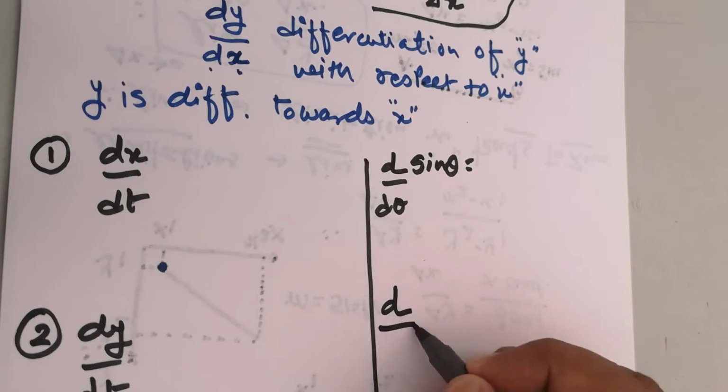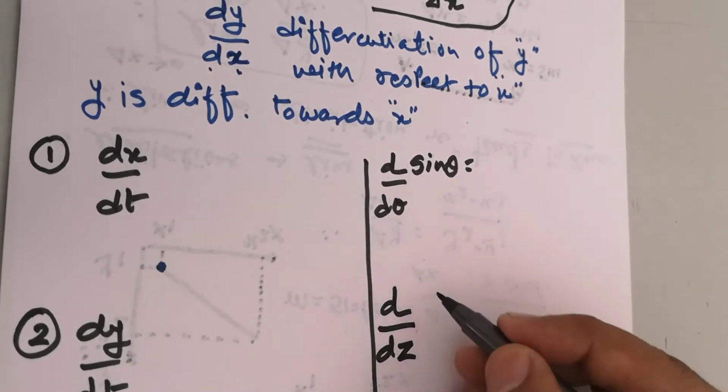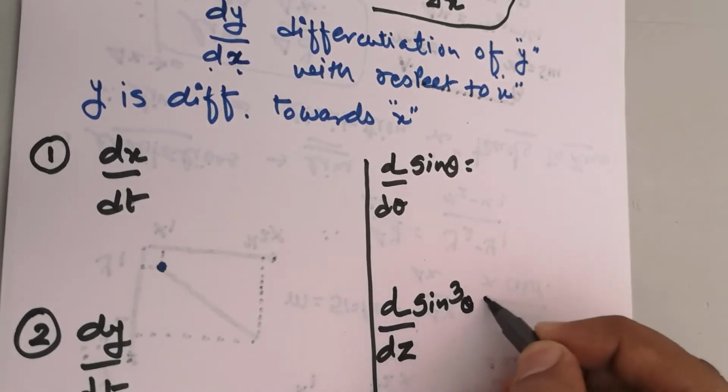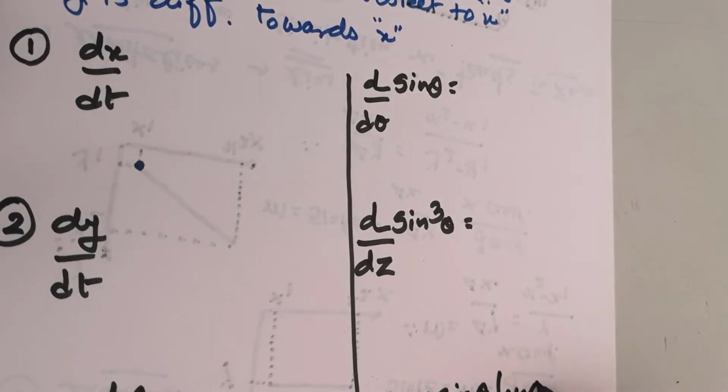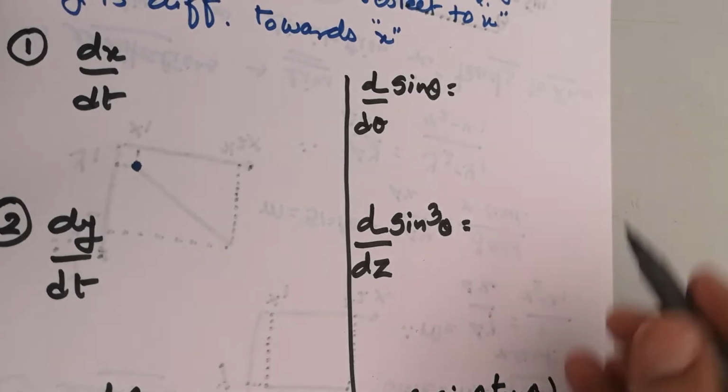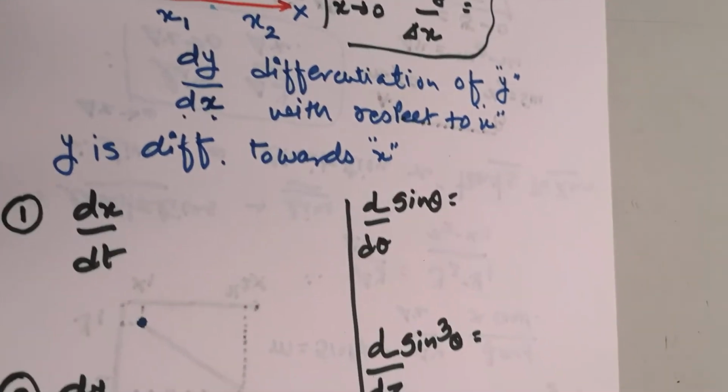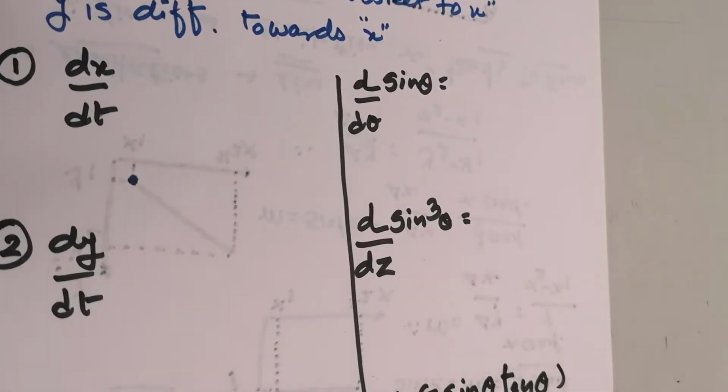Then we have d by dz of sine cube theta, and the last one is d by dx of 3 into sine theta into tan theta. Let's say I have mentioned some examples for you.